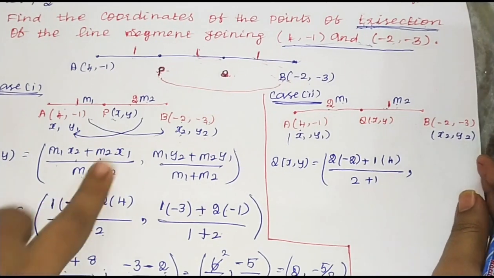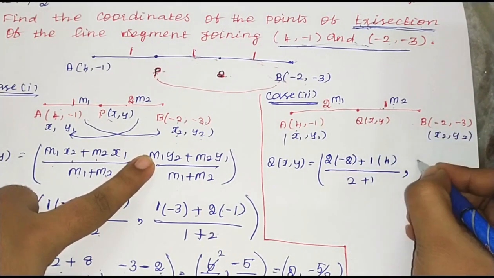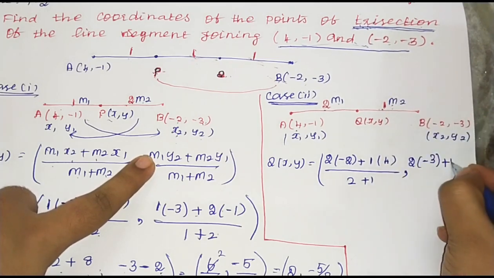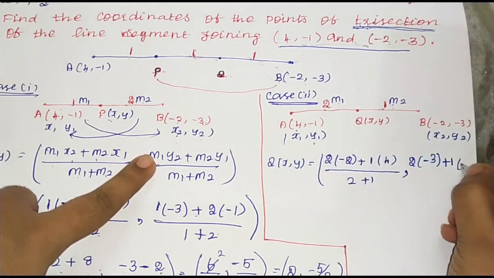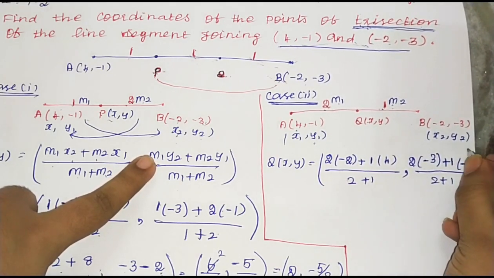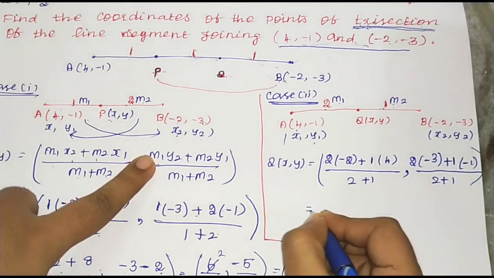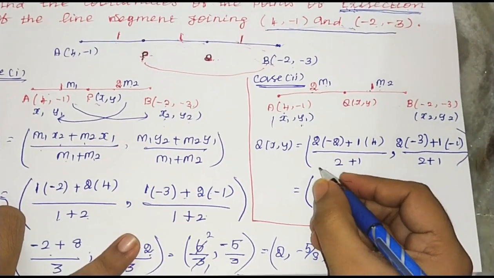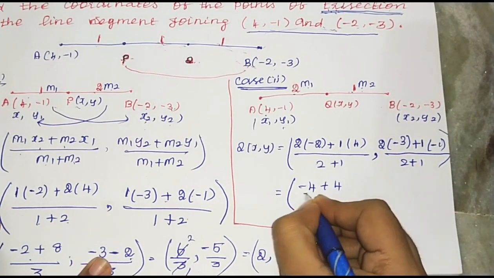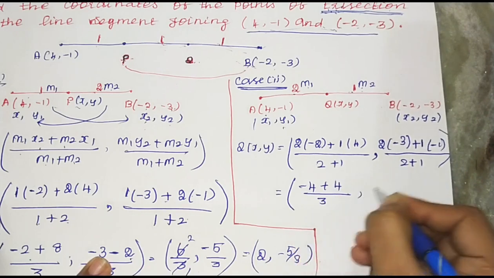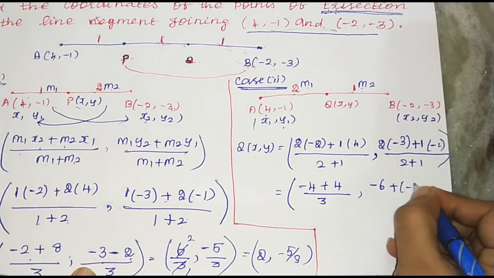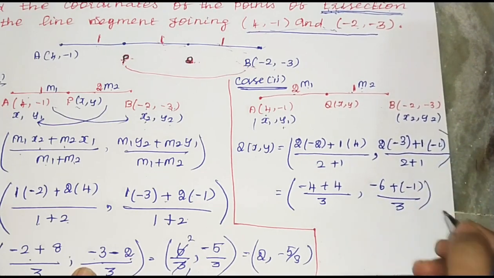Comma. Next m1 y2. m1 is 2, y2 is minus 3, plus m2 is 1 and y1 is minus 1, divided by m1 plus m2, 2 plus 1. Now simplify. 2 2s are minus 4 plus 1 4s are 4, divided by 2 plus 1, 3. 2 3s are minus 6 plus 1 into minus 1, divided by 2 plus 1, 3.